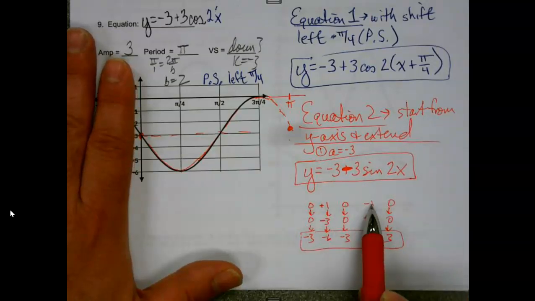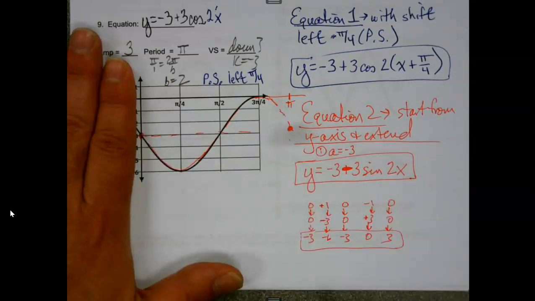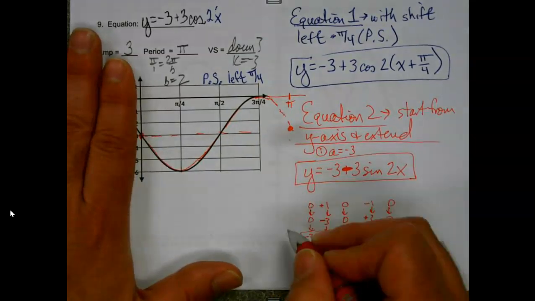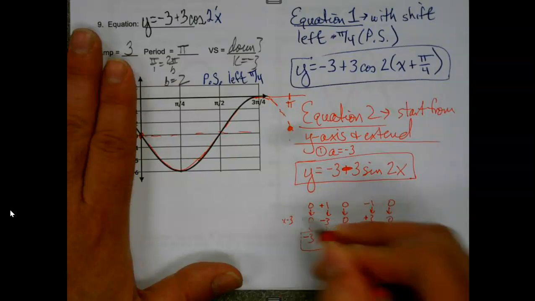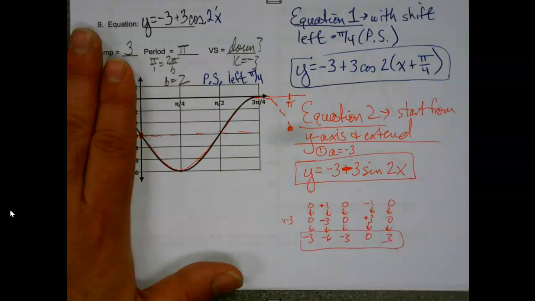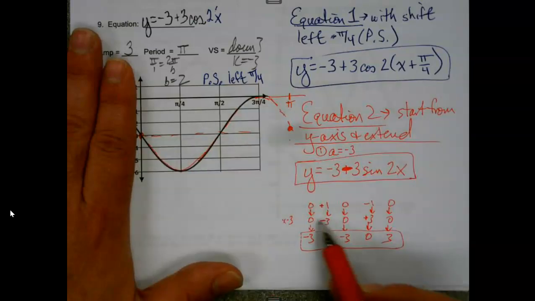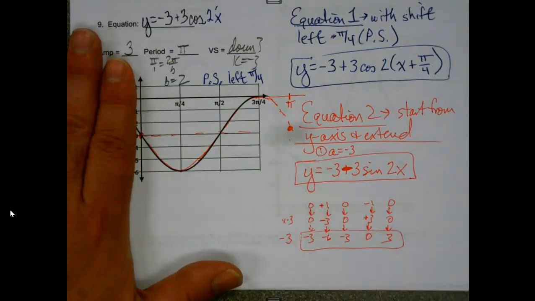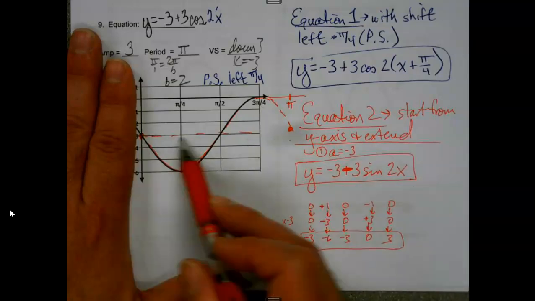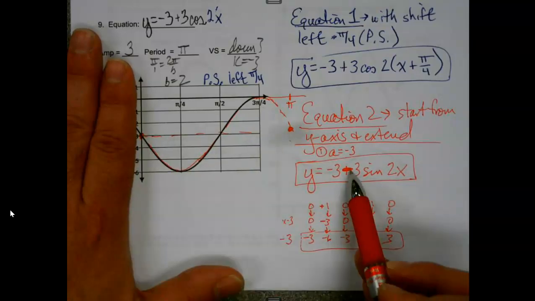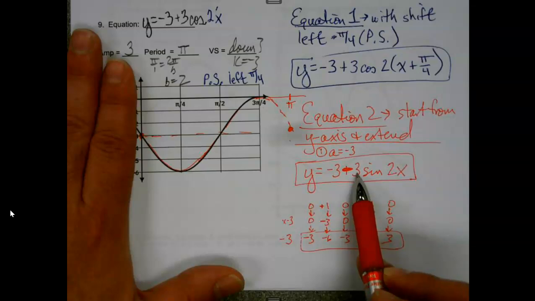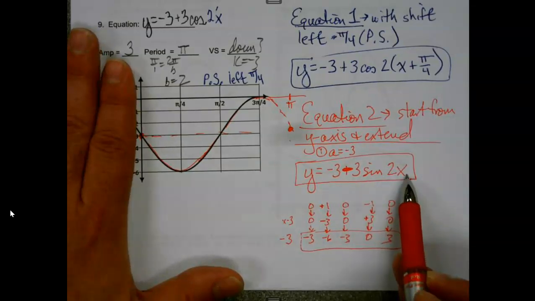Here's my normal sine graph, because that's what it looks like now, but I would multiply by -3, because I need to flip it. Then I would subtract 3, because that's still my vertical shift. My center line is still at -3. So that would become -3 sine of 2x, but now there's no phase shift.